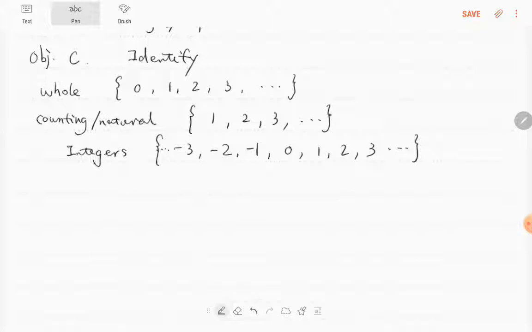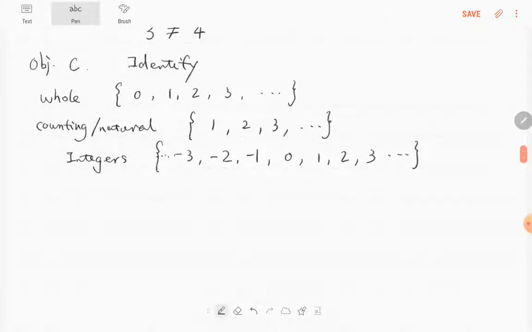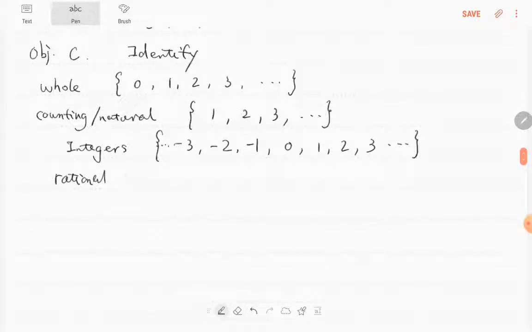Okay. So this is just to show you we have integers. Of course, we have another concept called rational numbers. So we use this symbol to represent rational numbers.